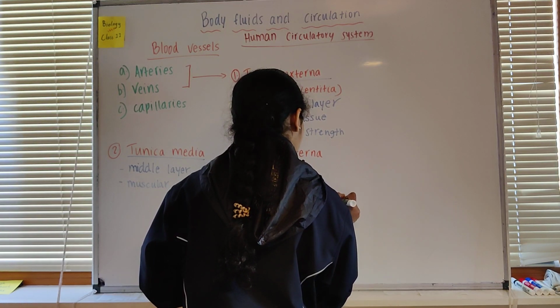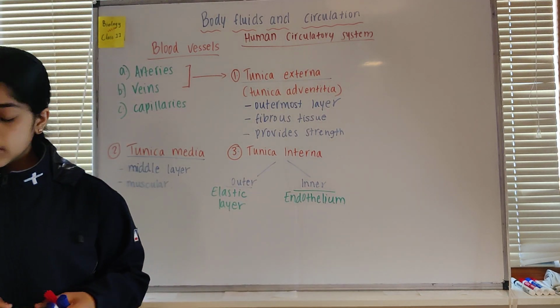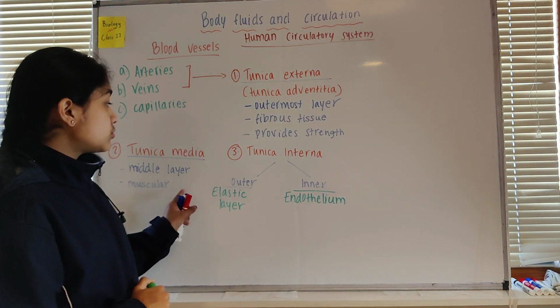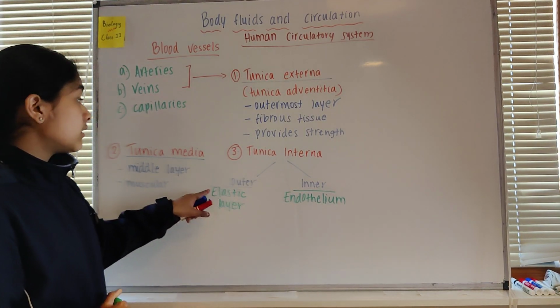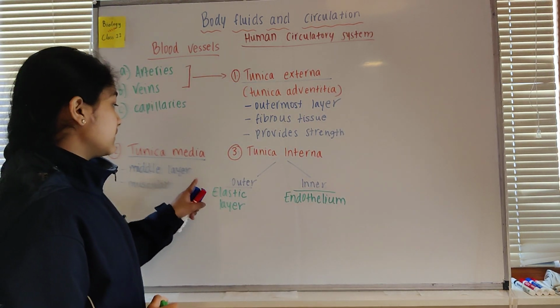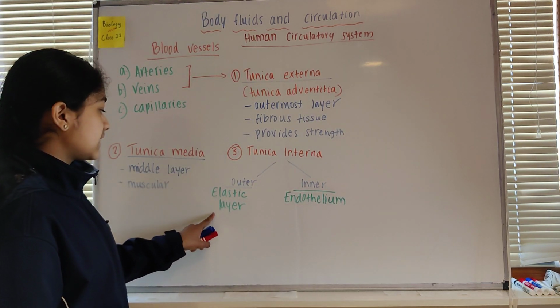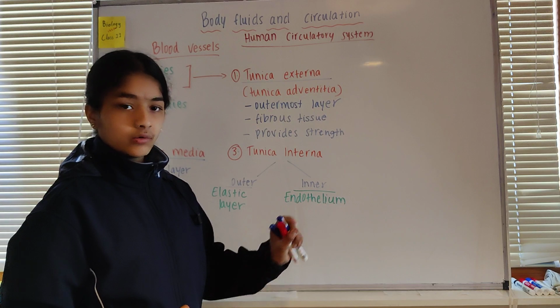So tunica interna is the innermost layer of the blood vessel. The outer one is the elastic layer, the inner one is the endothelium.